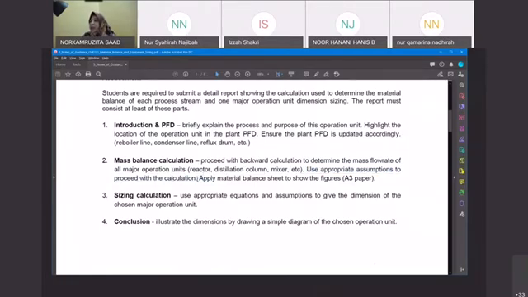If you have some difficulty determining the mass balance for your equipment because of the reactions involved before the feed to your equipment, you are allowed to make some assumptions.